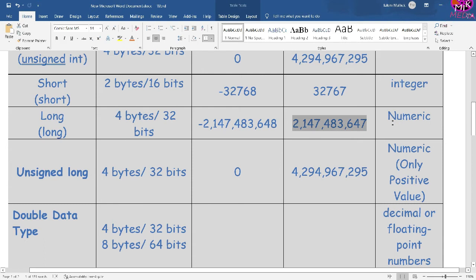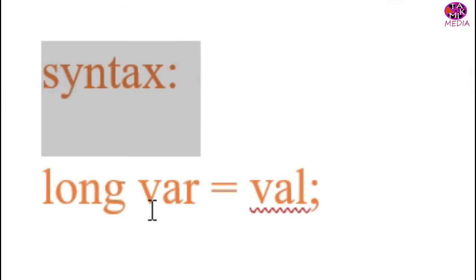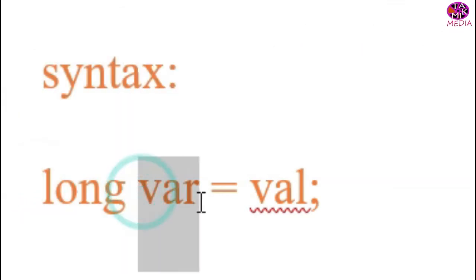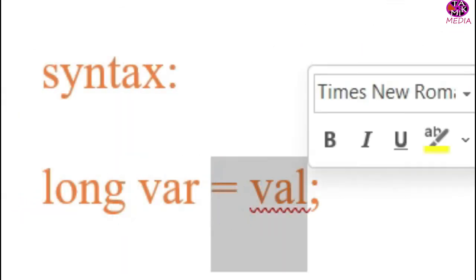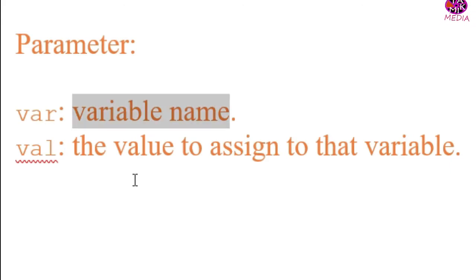While using integer numbers, at least one of the numbers should be followed by L, which forces the number to be a long data type. Syntax: the keyword, variable name, and the value. Parameter: we need only two parameters here: variable name and the value to assign to that variable.